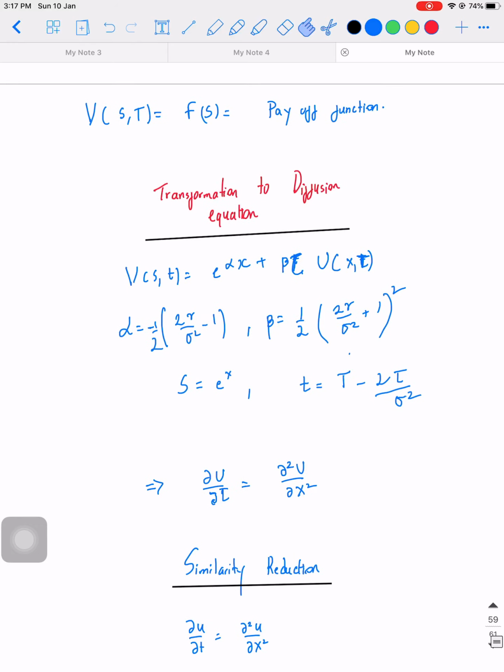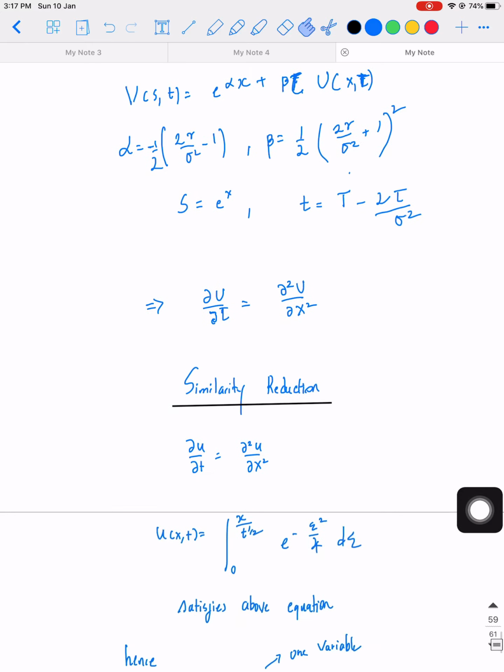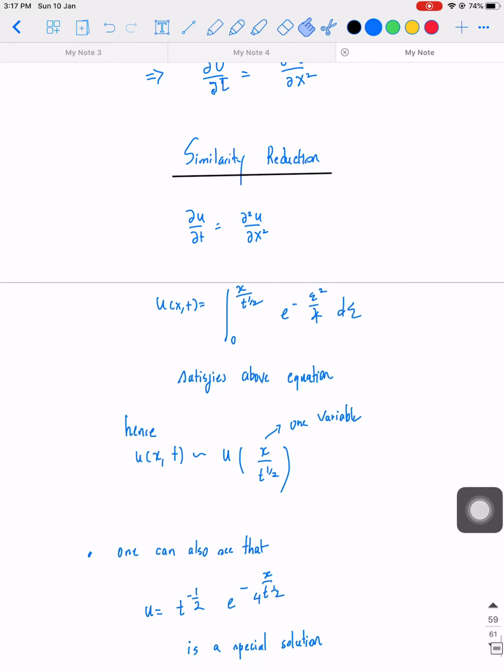So this is what we did. All you do is substitute s equal to e raised to x, t equal to this thing, remove this particular term, and get what the u is. The u is going to satisfy this thing. You'll be utilizing this more in the course.